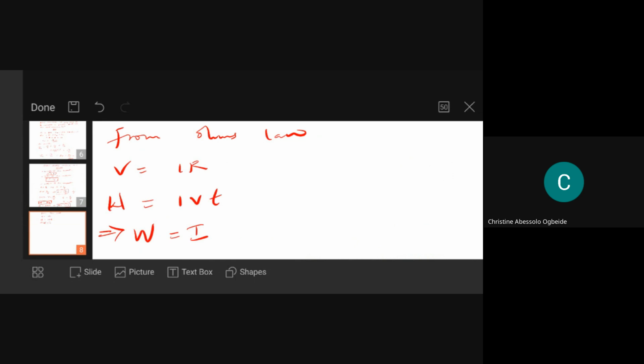Current multiplied by another current, so I squared RT. So this can also be used in solving electrical work done, or the electrical energy produced in that circuit. So these are relationships based on the parameters I'll be given. If I'm given the voltage and time, I can use IVT. If I'm given resistance, I can use I squared RT, where the potential difference is not known. So take note of this equation.